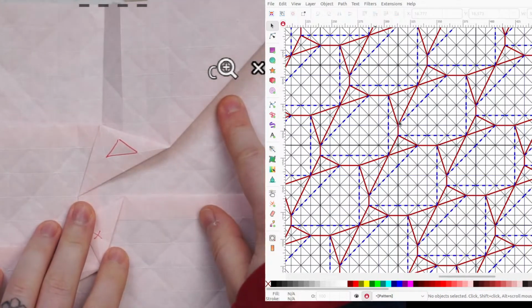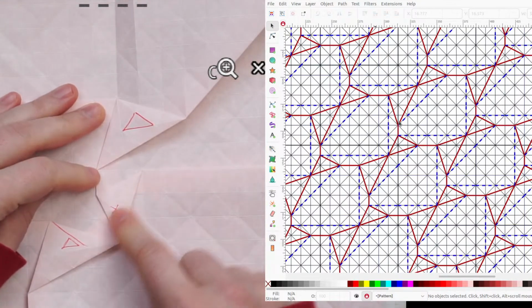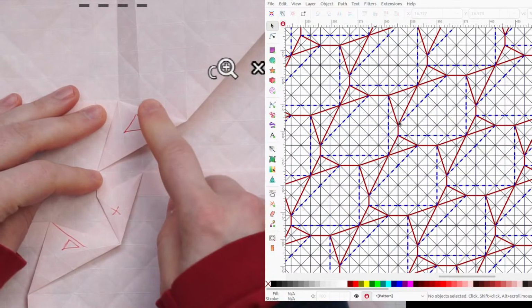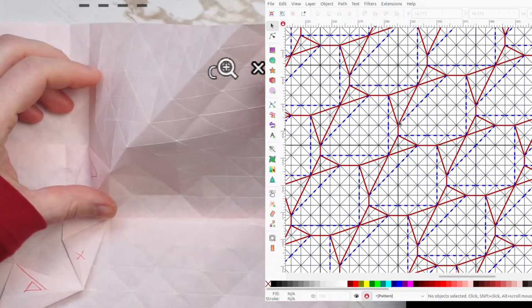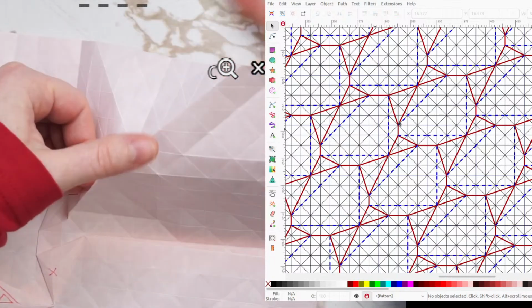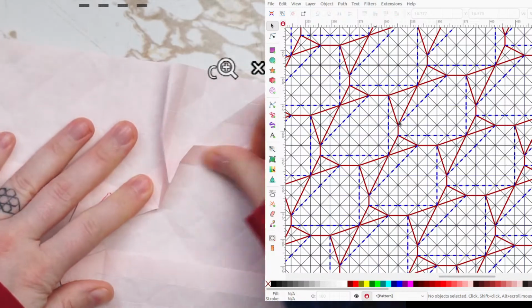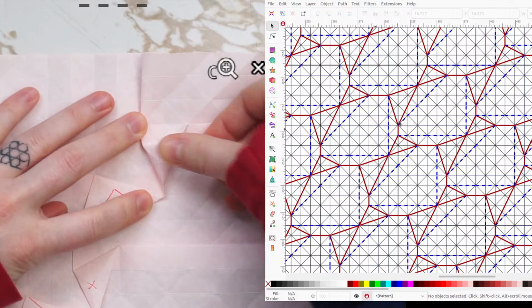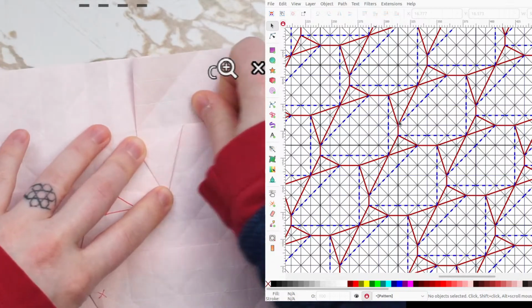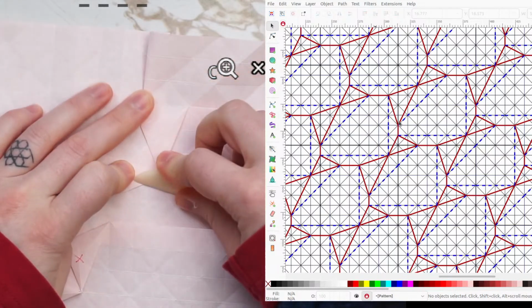Then continuing up, we want to put the next closed triangle point to point with this triangle, which means going one spacing along the diagonal, then splitting the diagonal at that point into a horizontal to the right and a vertical to the top. And then we can squash that closed right triangle twist.